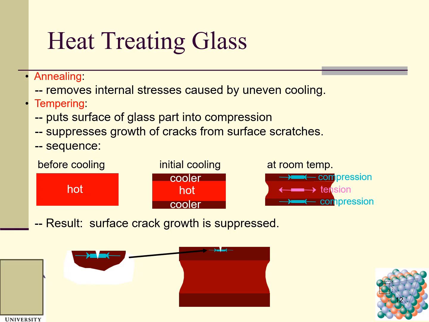You can see before cooling, it is hot; during initial cooling, it is cooler on these two sides and hot in the middle. At room temperature, there is compression on these two outer layers, and tension inside. As a result, surface crack growth is suppressed.